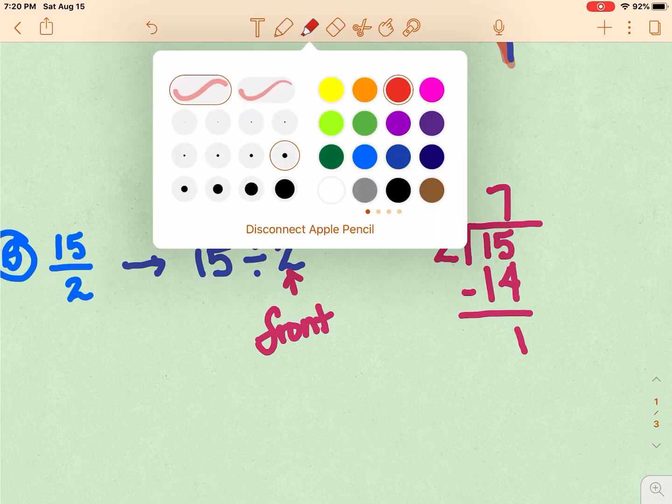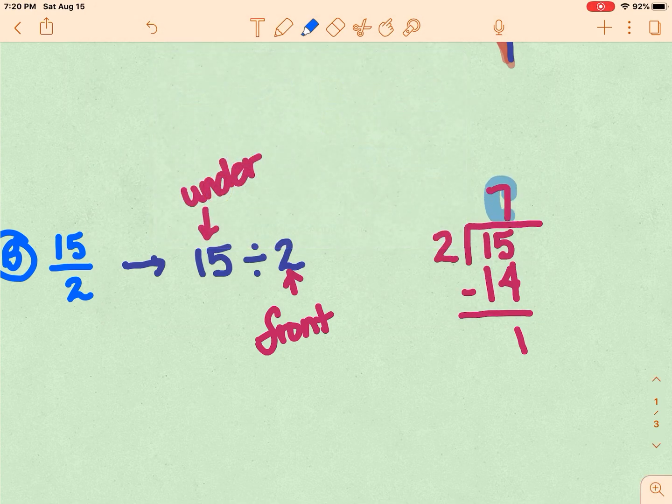So if I go through and kind of use that check mark method that we were doing before, it's going to go just like this. So the first number I touch is 7. That goes out in the front. Then 1 is in the top of the fraction. So you've got this number up here.